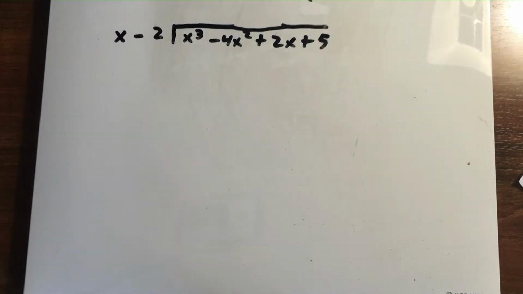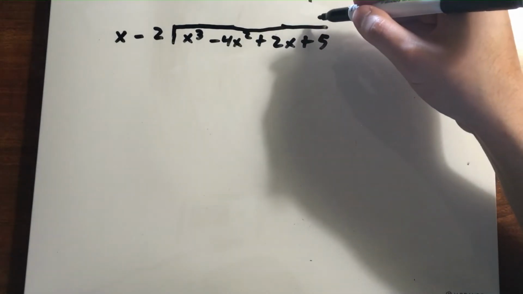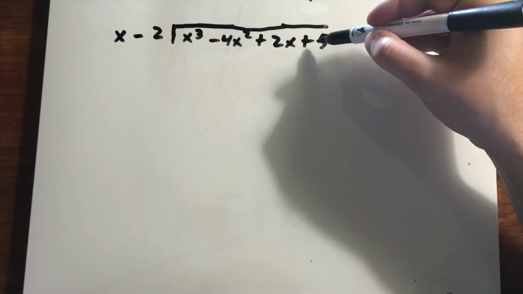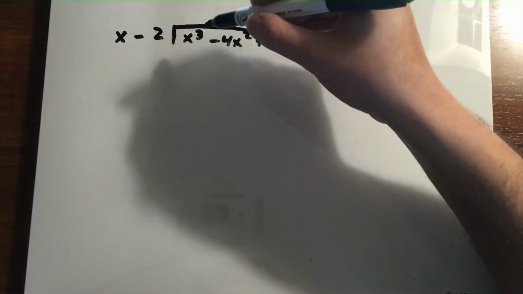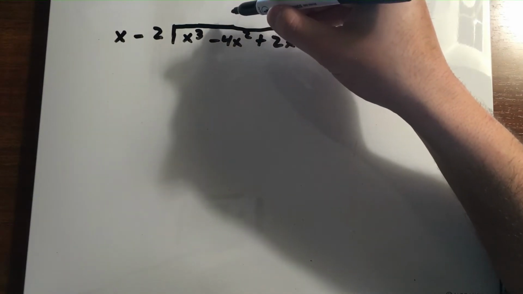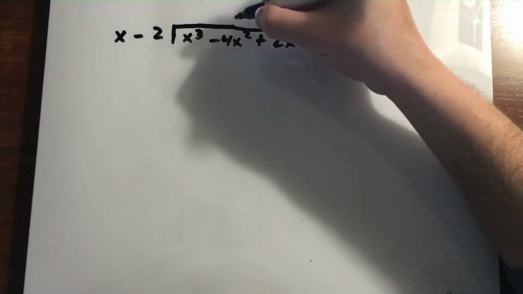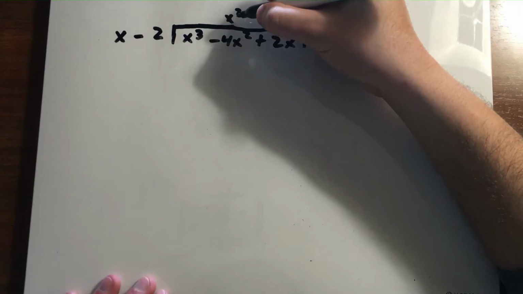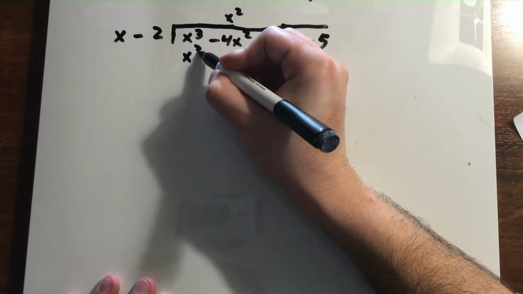Alright, so now let's work this out. What you want to do is try to find something up here that when multiplied by this will give you this. And we'll start working our way from left to right. So what can we put up here when times x gives us x cubed? Well, we can put x squared. X squared times x is x cubed.